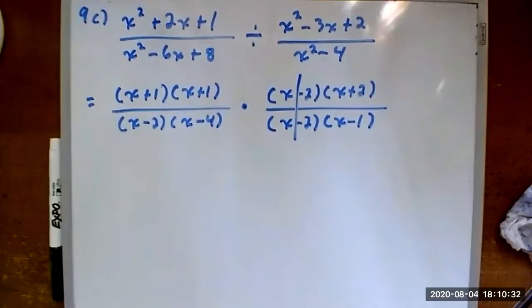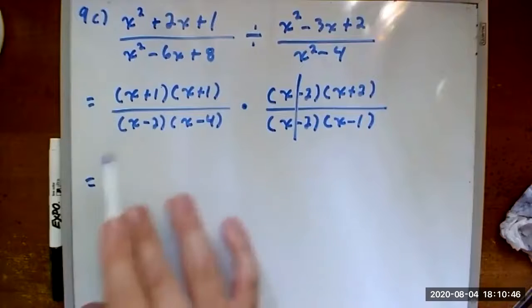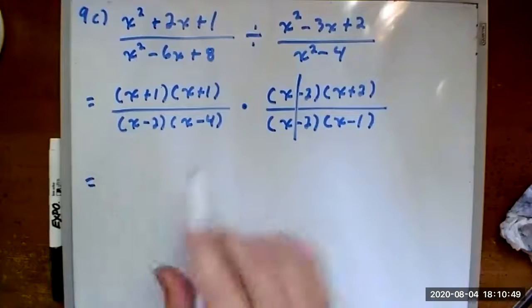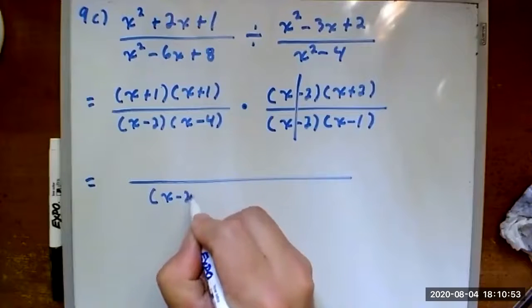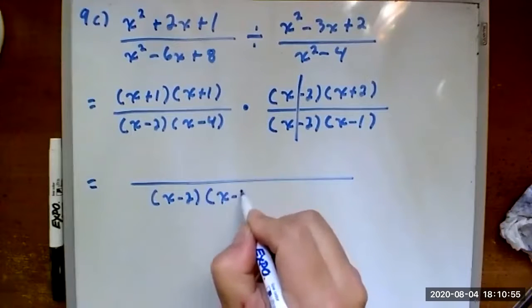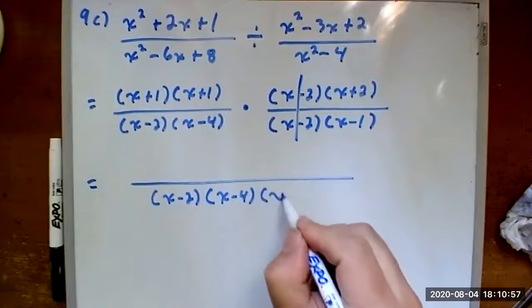From here, we look for anything that's going to cancel and make our lives easier. The first thing that we can spot is I have an x minus 2 over an x minus 2, so those can disappear. I have an x minus 2, x plus 2, that doesn't work. x minus 1, x plus 1, that doesn't work either. So we're stuck with what we've got. Fortunately, this is a multiplication question, so we can just go ahead and multiply.